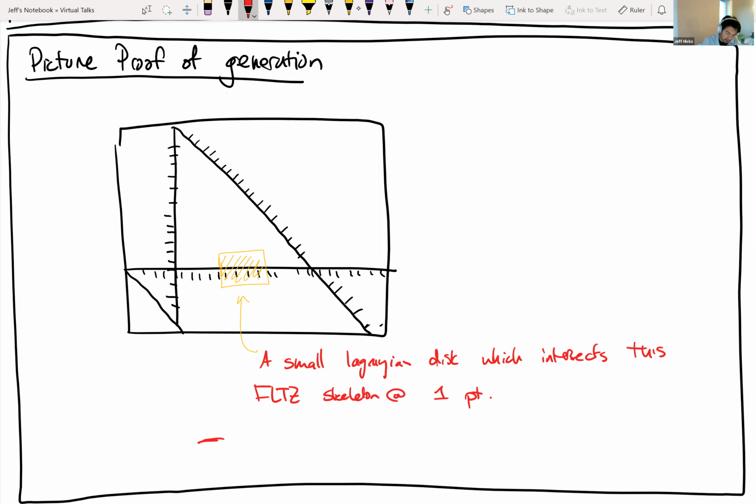From here, GPS tells us that if we can build all of these disks, then we can generate the Fukaya category.